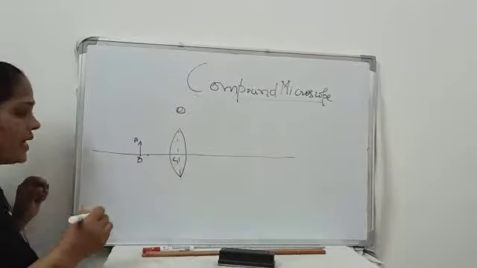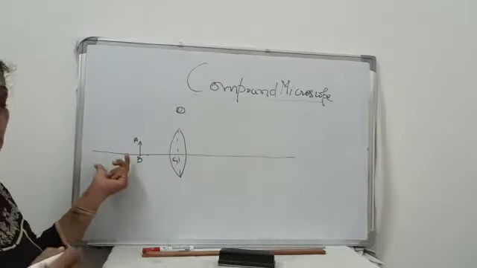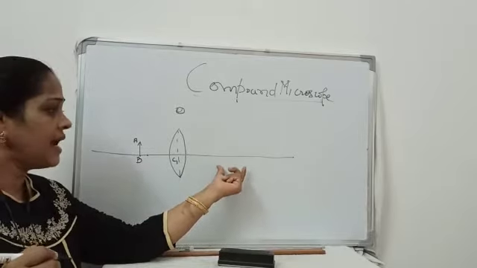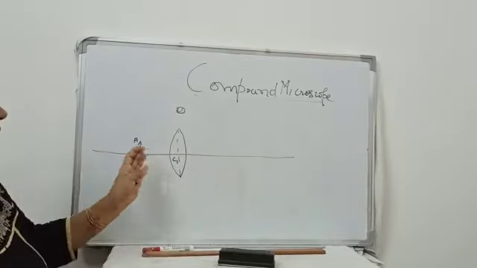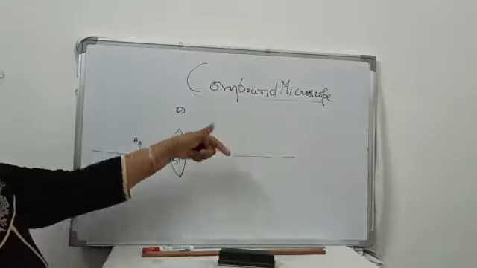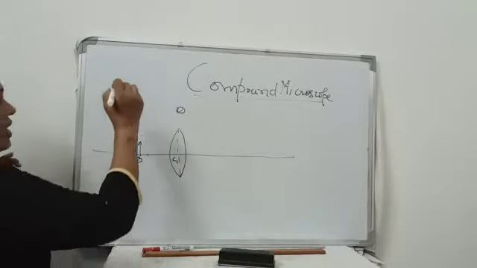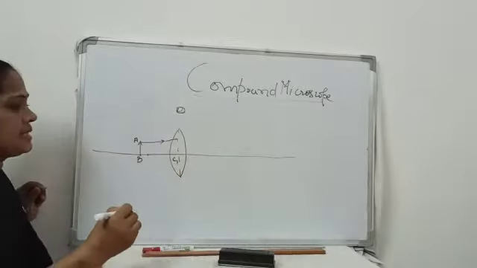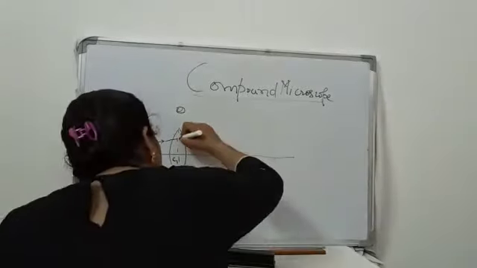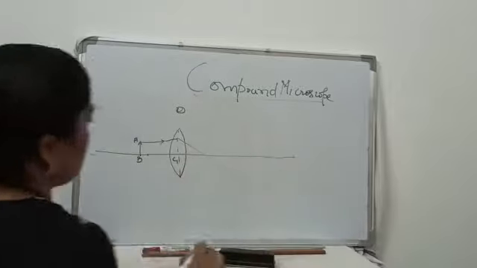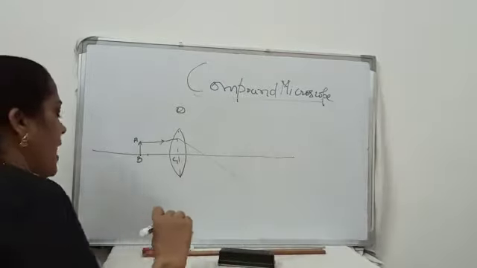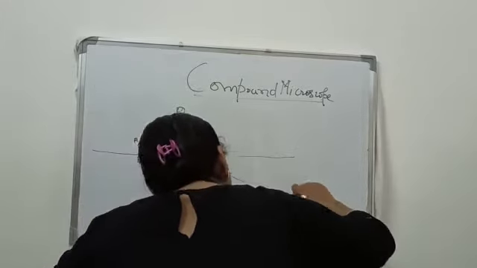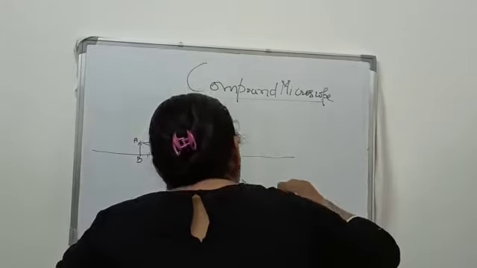Which means that when I place the object between f and 2f, I get an enlarged real image beyond 2f. So it is an enlarged image that I am getting. So a ray of light parallel to the principal axis after refraction passes through the focus. Another ray of light passing through the optic center goes without any deviation.